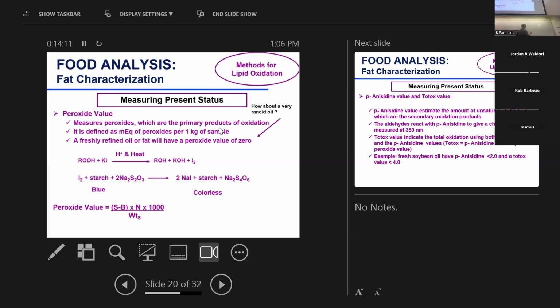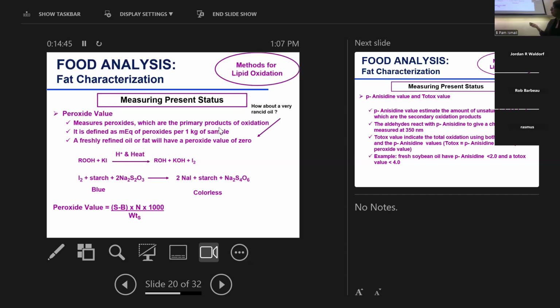And milli-equivalent or equivalence equals normality times volume or molarity times volume. So this equation is then simple. Volume times the normality. And it's sample minus blank in this case, because if you don't have peroxide, your blank should be 0 or close to 0. In your sample, if you have peroxide, then the titration for sample will be greater than the titration for blank. And this is the normality of sodium thiosulfate.